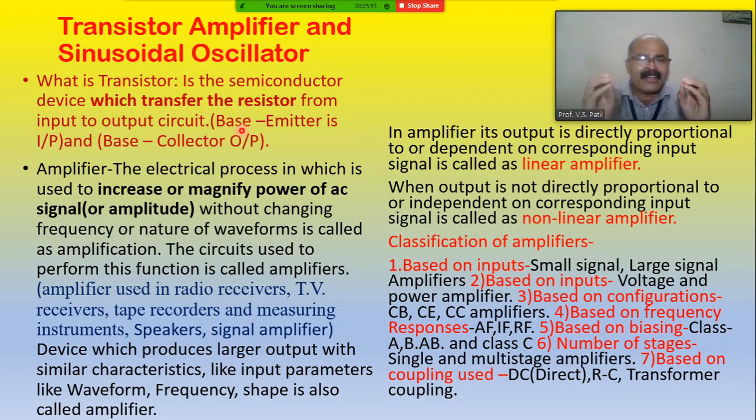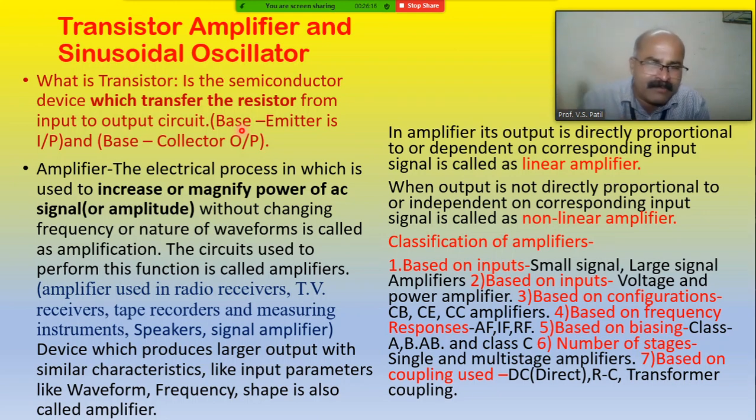It means that in each circuit where the transistor is used, it can play only the role of transferring the resistance from the emitter base circuit to the base collector circuit. This is the specific role we have to understand behind the transistor.